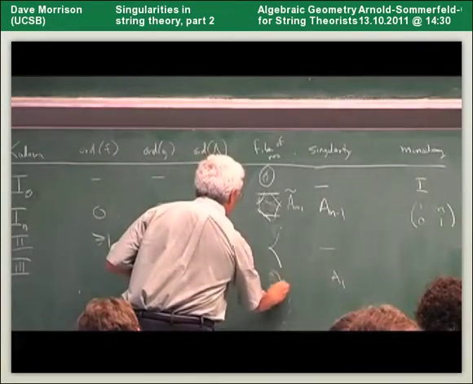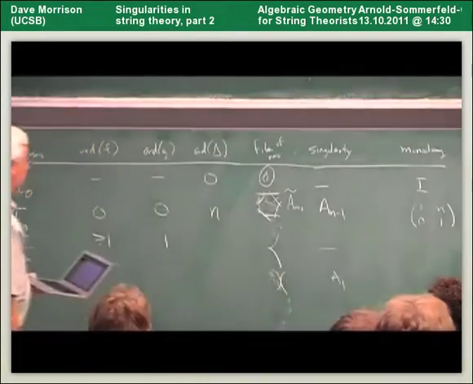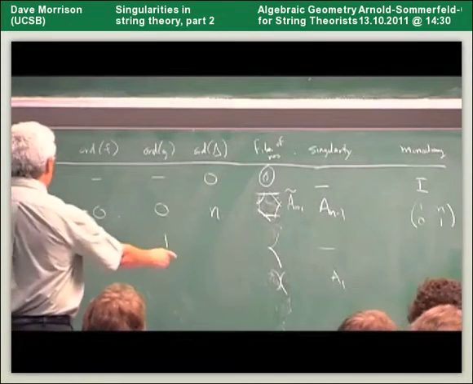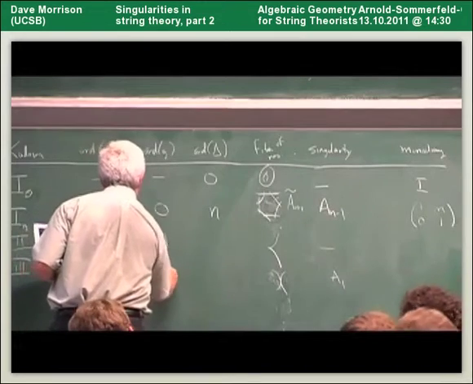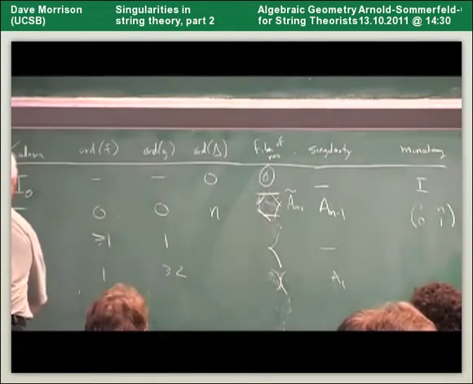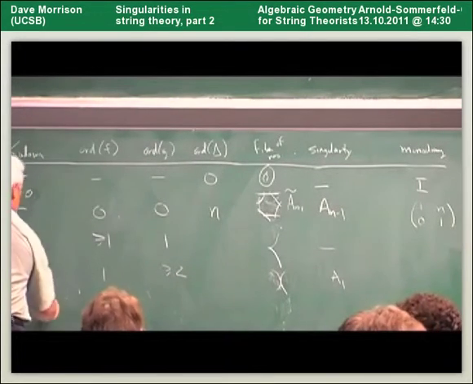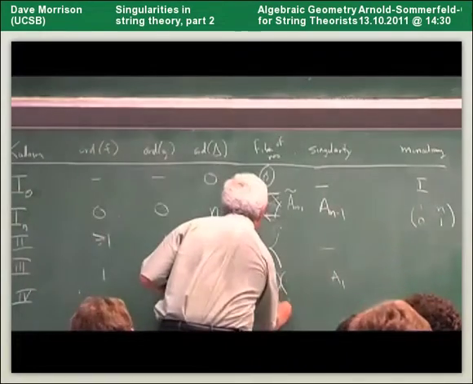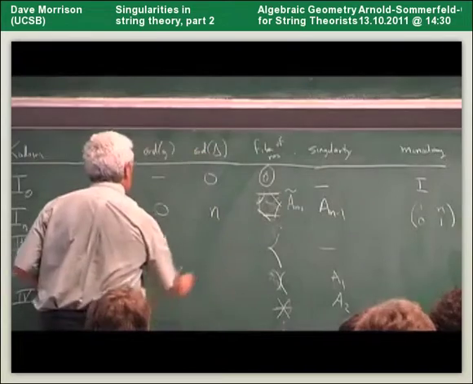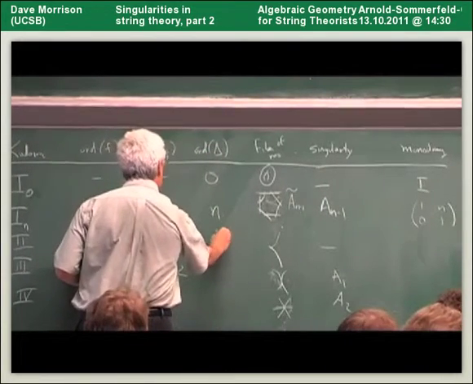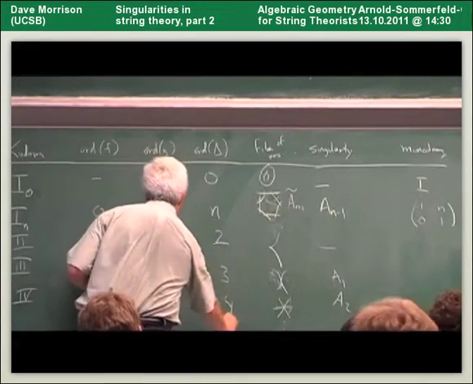Here, the fiber on the resolution is two curves that are tangent to each other. There's an A1 singularity. This is a 1, and this is at least 2. Then I've got 3 curves passing through the same point and an A2 singularity. Sorry, this is 2, 3, 4.